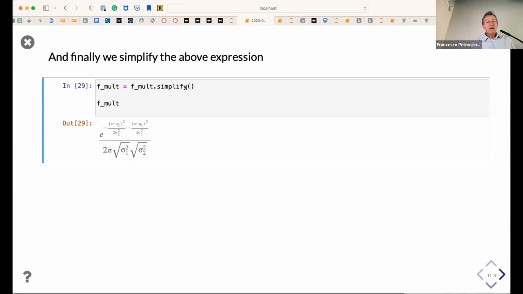And if you look at it, what did simplify do? Do you recognize this here? This is no longer the product of two Gaussian functions. It's just one Gaussian function, e to the sum of these two exponents.